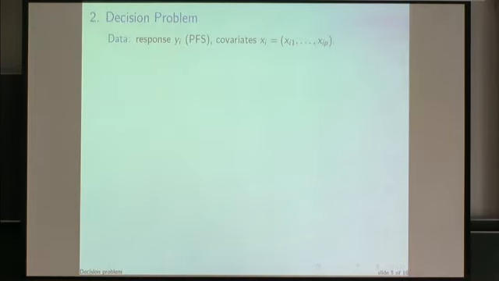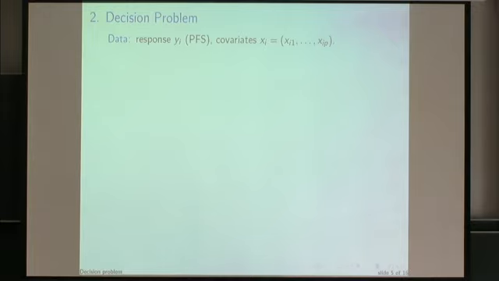So I'll describe the solution of the decision problem. I just need some minimal notation. Let's denote with y sub i the outcome. In our case, progression-free survival. We'll actually use log event times just to avoid these tedious constraints to non-negative event times.